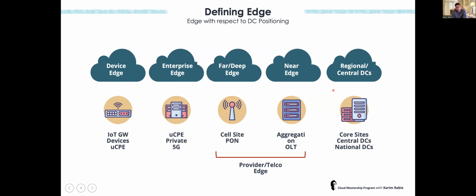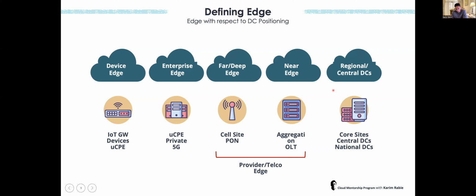Yes, exactly. Let me give an example of Egypt as a nation. You have the capital in the middle, which is Cairo, and you have the north and south. The internet exit for any internet service has to go through the Cairo National DC.